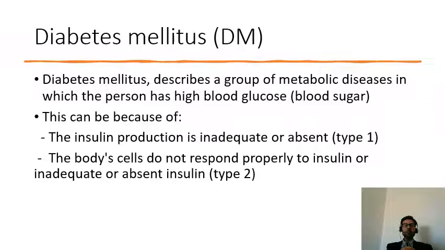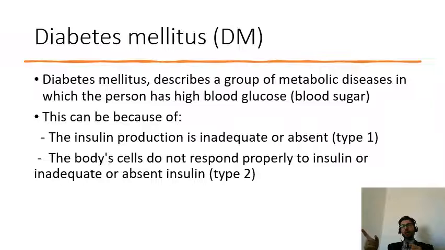While sometimes we have insulin, but the cells don't respond properly to this insulin. And we call this insulin resistance, that cells resist the function or resist the message of insulin, and in this case we have type 2 diabetes.